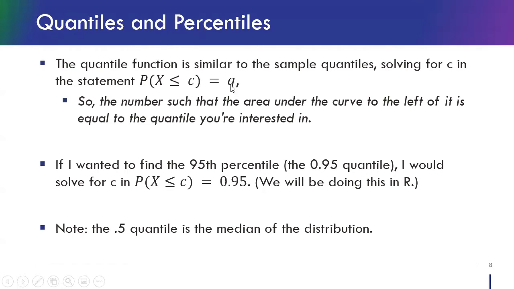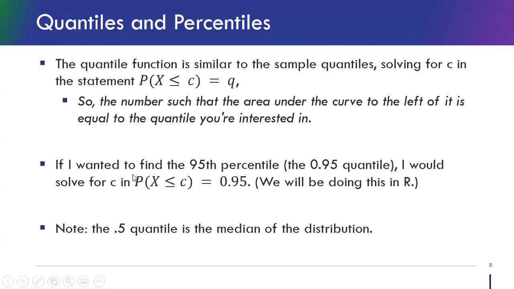So we are trying to find the c when this q is given. That is the number such that the area under the curve to the left of it is equal to the quantile that you are interested in.